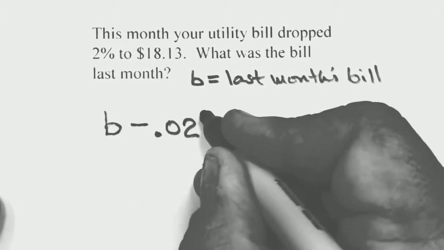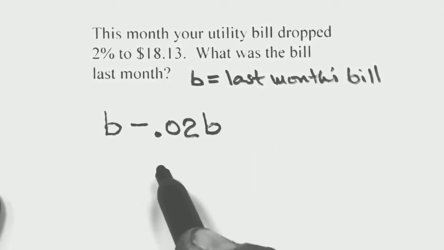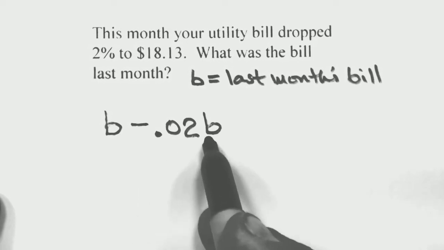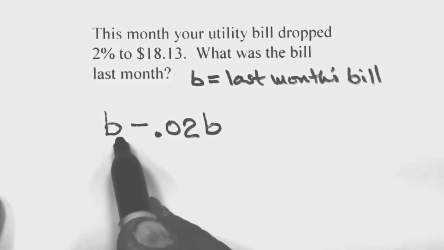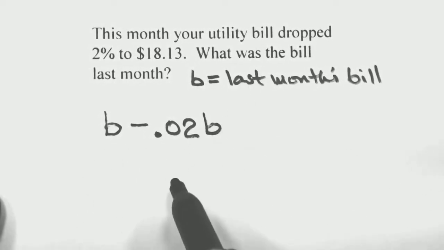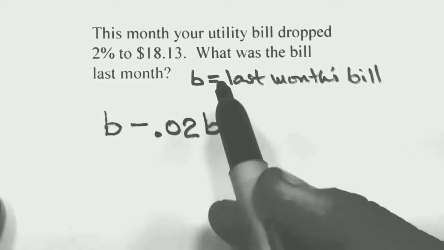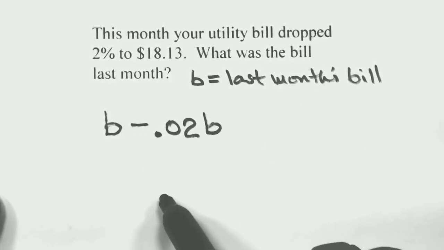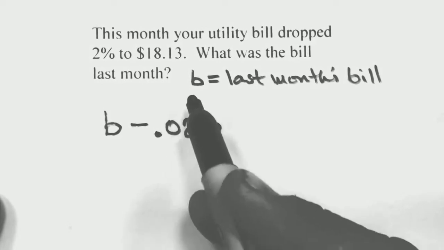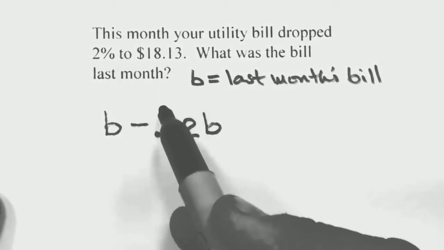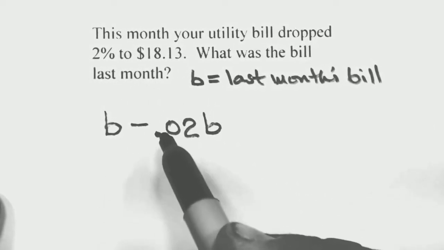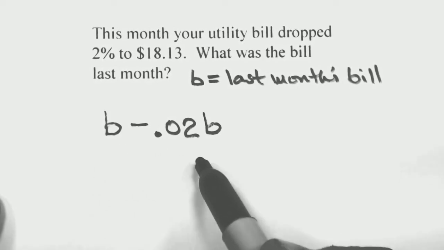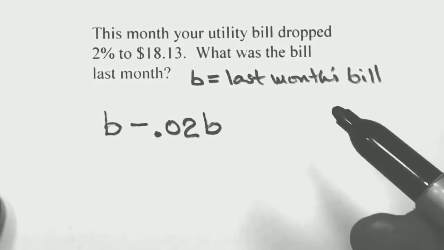So we have to multiply that times the B, because it decreased 0.02 of last month's bill. Think about this for a second. Last month's bill, if we think of it as the full bill, is 100%, and it's gone down 2%. That means 100% minus 2%, we better end up with 98% of what we had last time.